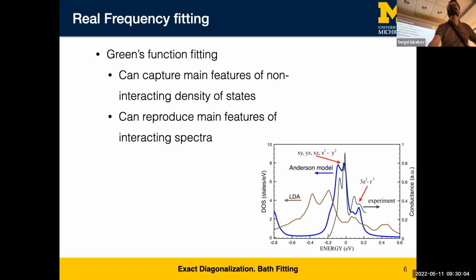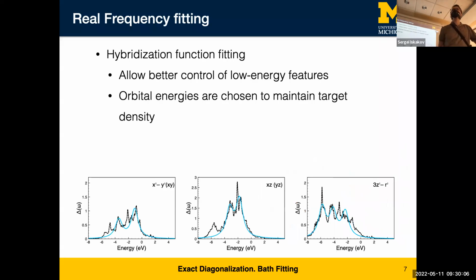Then if you do a hybridization function fit, it's a little bit better for you, because now you can put the starting peaks in the precise place where you want them to be. If you put them closer to what they're supposed to be, your minimization problem will struggle much less. And here you can exactly see the position of these peaks.